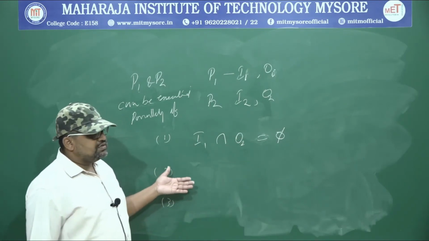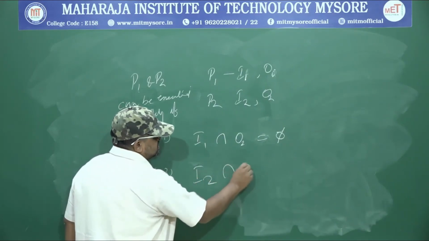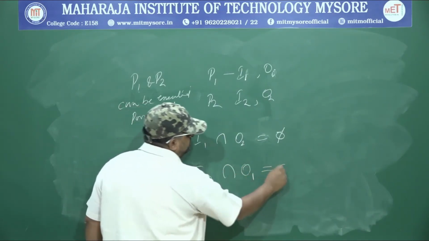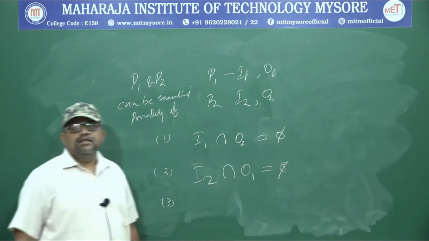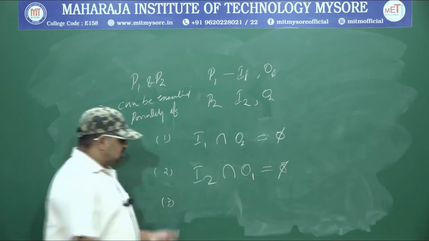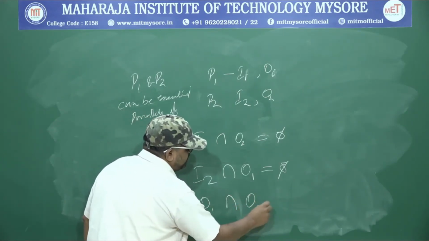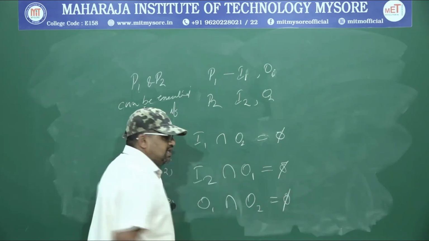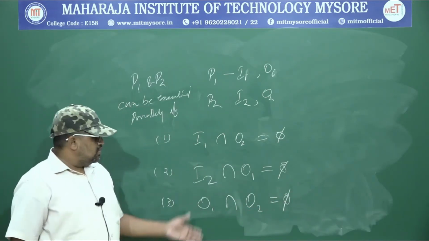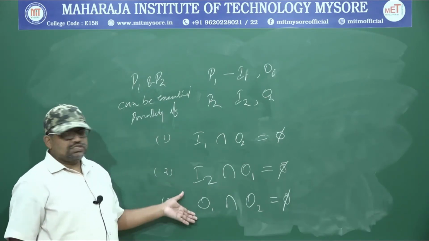The second one is I2 intersection of O1. Again it has to be null. The third one is output of 1 intersection output of 2. Again it has to be null. There should be no common outputs between two statements, between two processes.